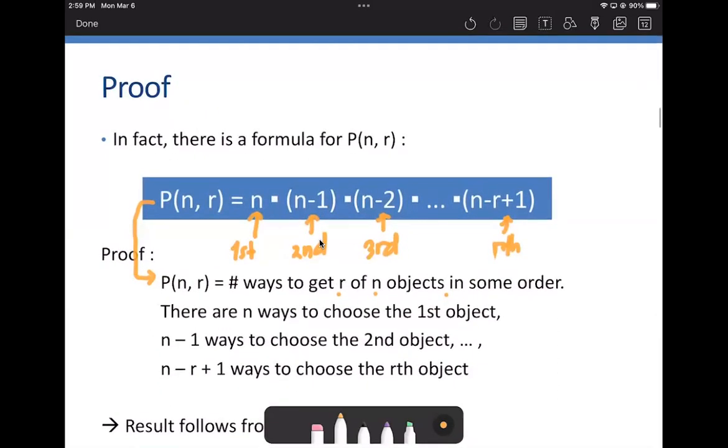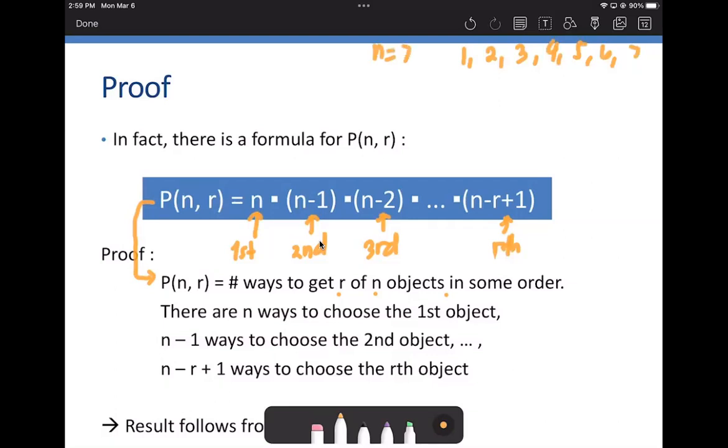Okay? So for example, let's say we have a list of numbers: 1, 2, 3, 4, 5, 6, and 7. So N equals 7.